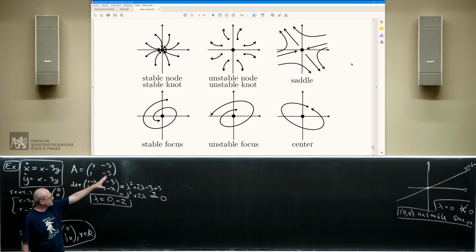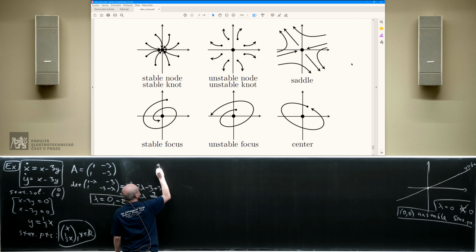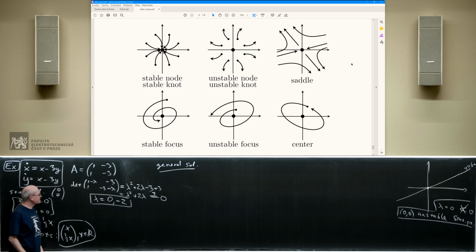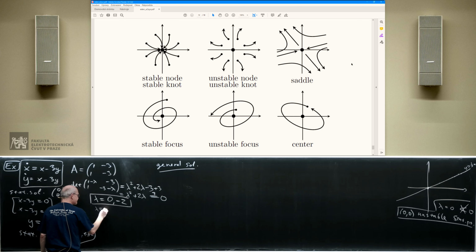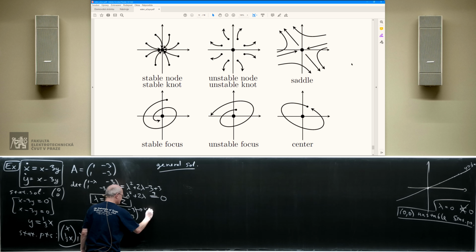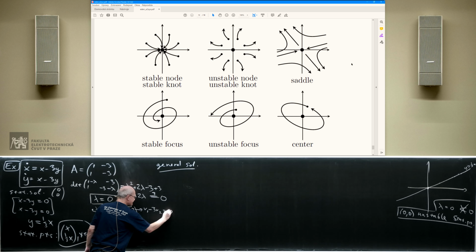Before we write the general solution, we should look at eigenvectors. Let's see. When lambda is 0, then the matrix we are looking at is, well, exactly this one. I use the first row to create my equation. v1 minus 3 v2 is 0.